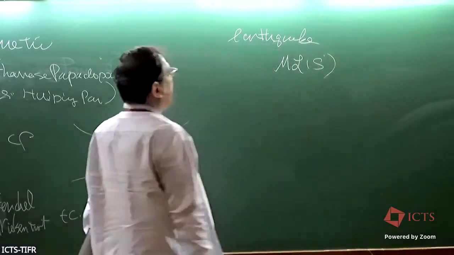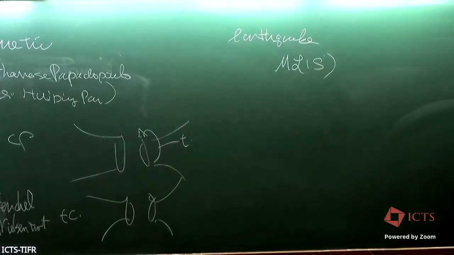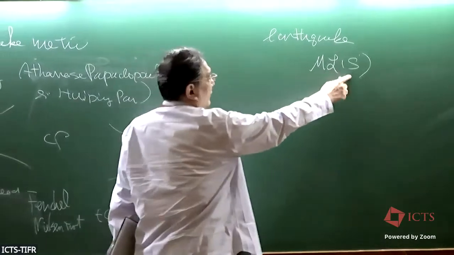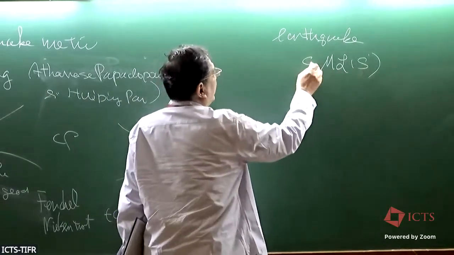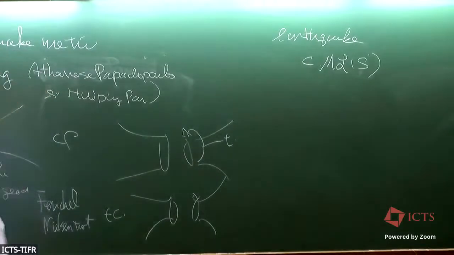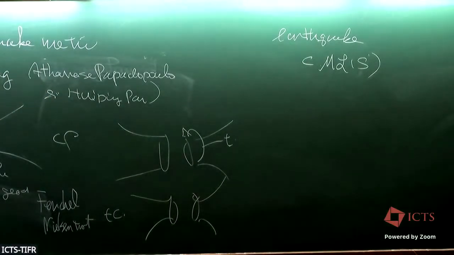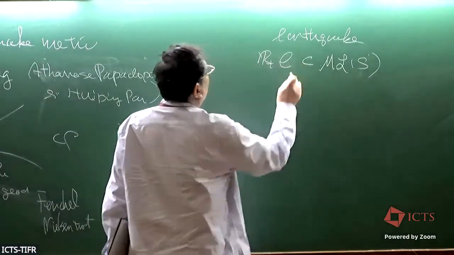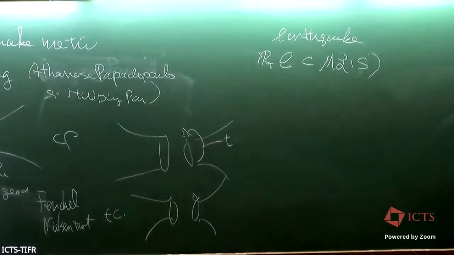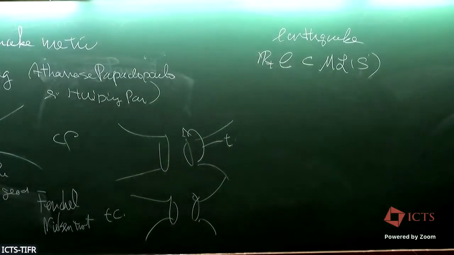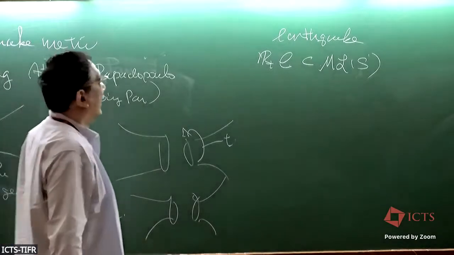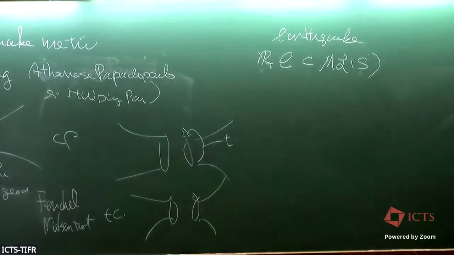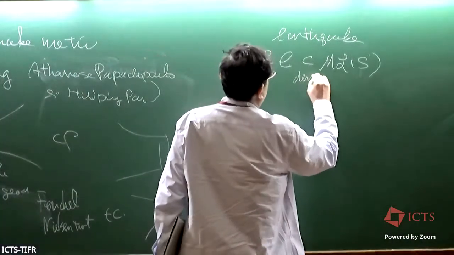We introduced this symbol in the last talk, the measured lamination space on the surface S. And in the last talk I told you that the set of isotopy classes of simple closed curves multiplied by scalars is dense in this space.